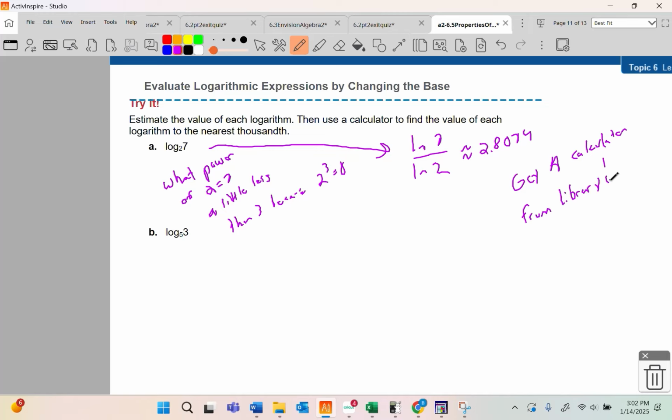A log base 3 of 5. Now say you don't like my ln technique. This is what power of 5 equals 3. Now I know 5 to the first is 5, so it's a little less than 1.